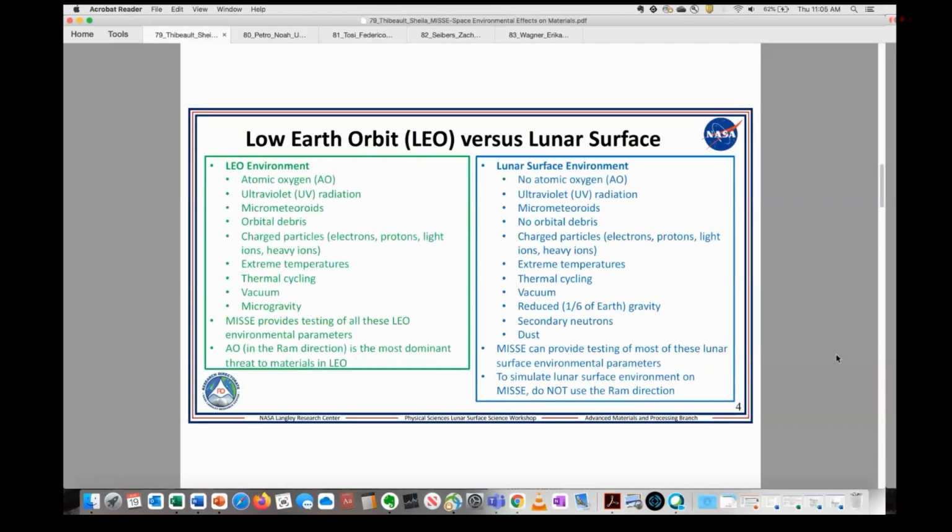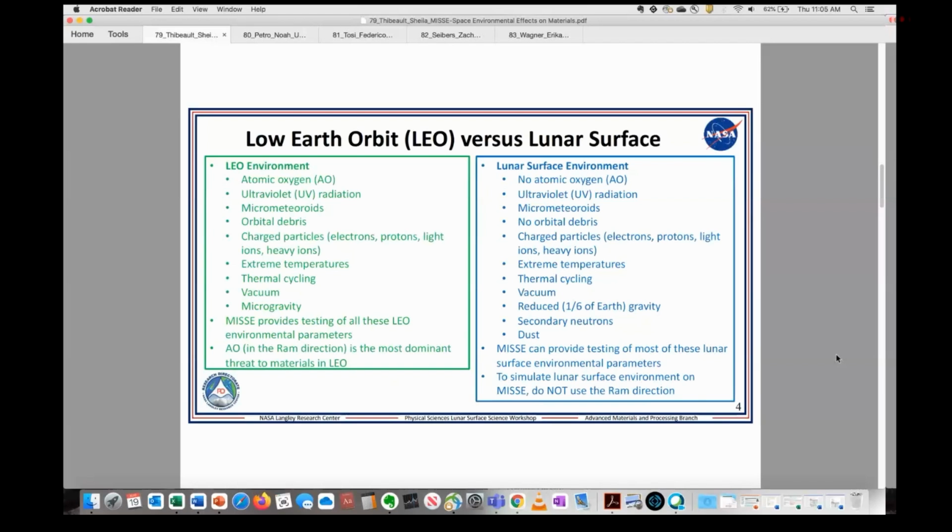On this slide, I've tried to compare the LEO environment to the lunar surface environment. There is atomic oxygen in LEO, but none on the lunar surface. There is ultraviolet in both environments, micrometeoroids in both environments. There's orbital debris in LEO, but not so on the surface of the moon.